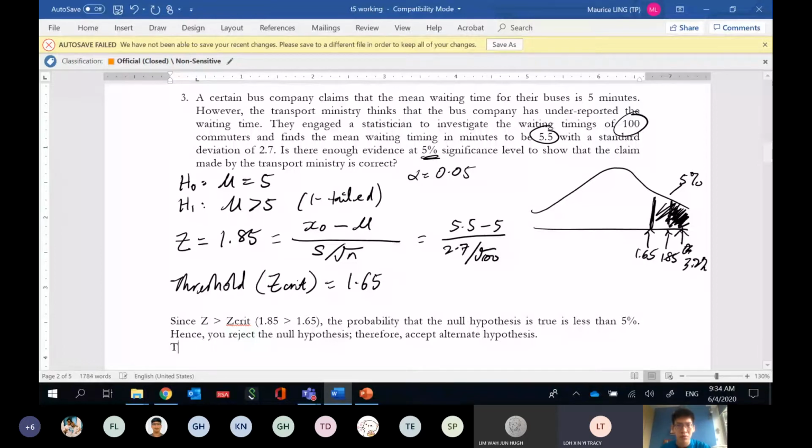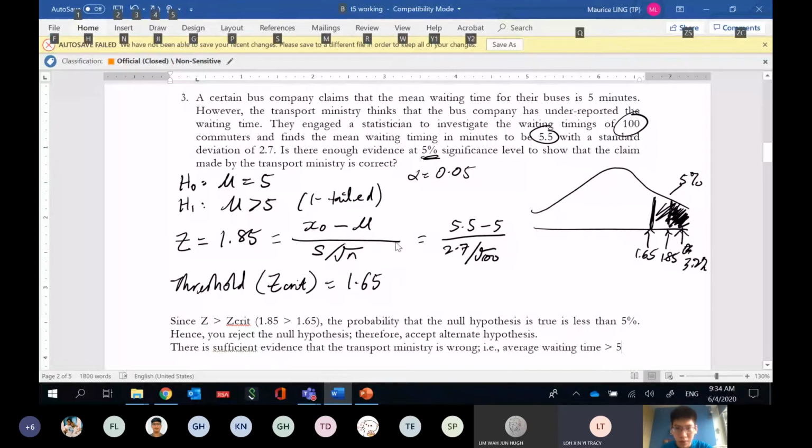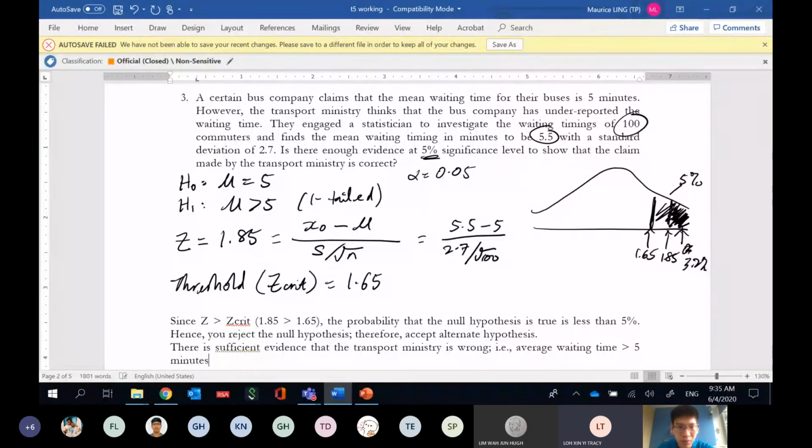So there is sufficient evidence that the transport ministry is incorrect, or let's just say wrong, which is that the average waiting time is more than 5 minutes. So you have the answer.